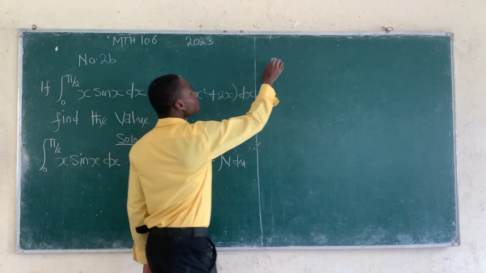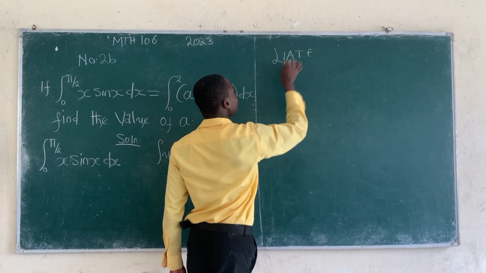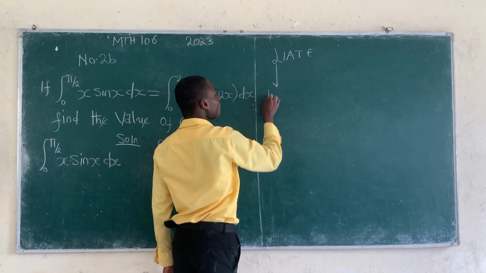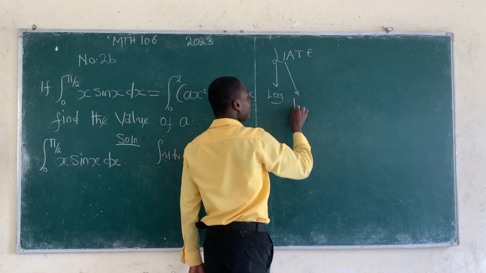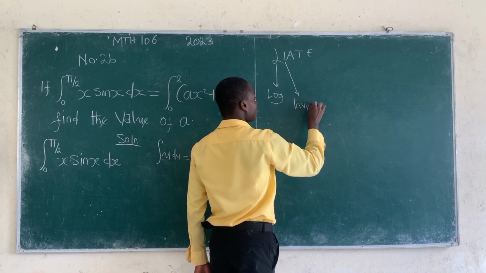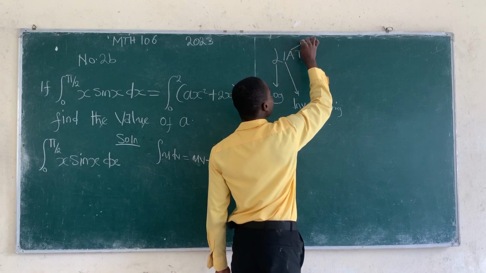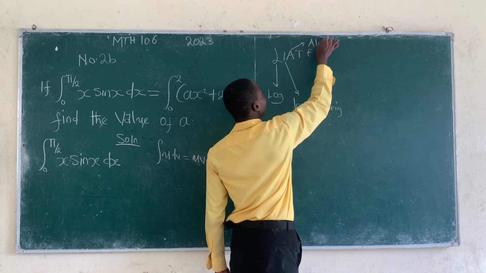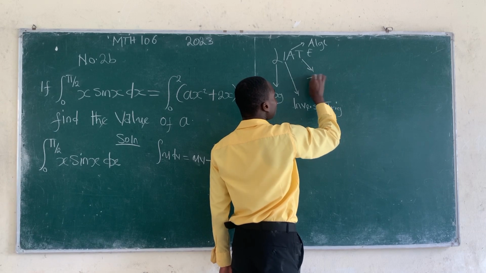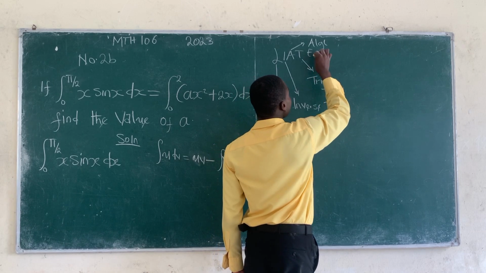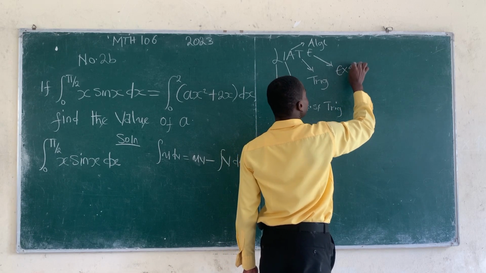Alright, so we are going to use this acronym LIATE, where L stands for log function, I stands for inverse trig function, A stands for algebraic function, T stands for trigonometric function, then E stands for exponential function.